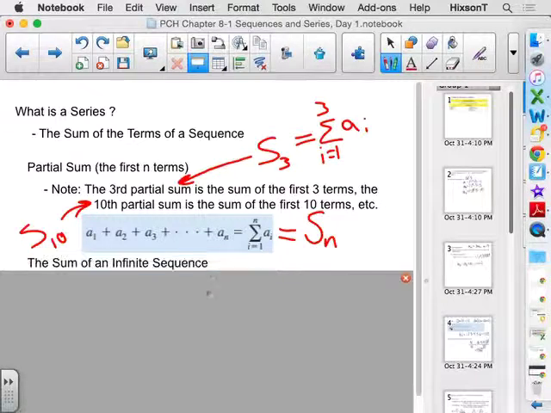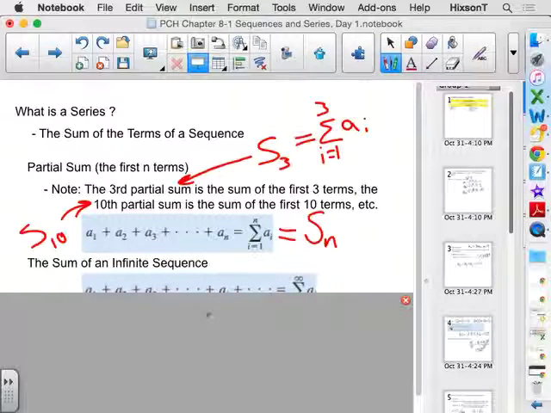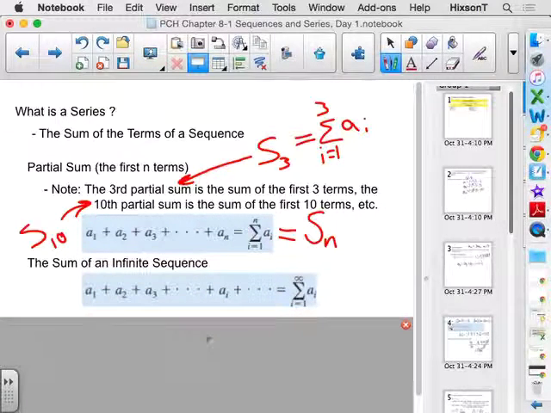But you'll see both. Now, if we want to indicate that we're finding the sum of an infinite sequence, instead of putting an n, and instead of stopping at n, we'll put this ... the ellipsis we call it, at the end. And that just means we keep going forever.